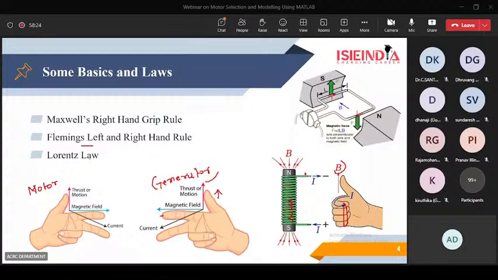Through the Lorentz law, we can get the magnitude of that force. Here we can see the North Pole and the South Pole, so magnetic field lines go from the North Pole to the South Pole.